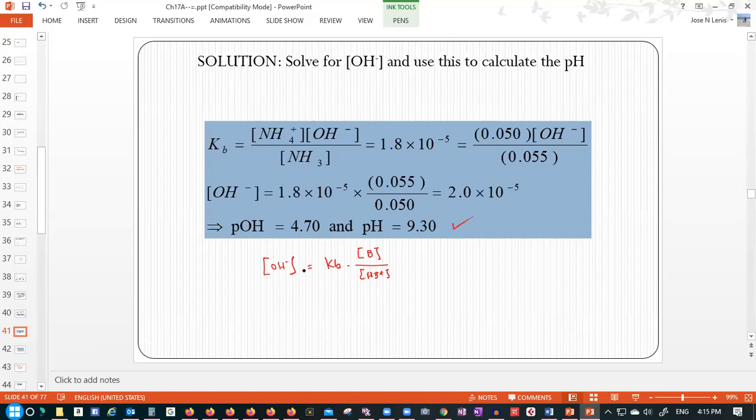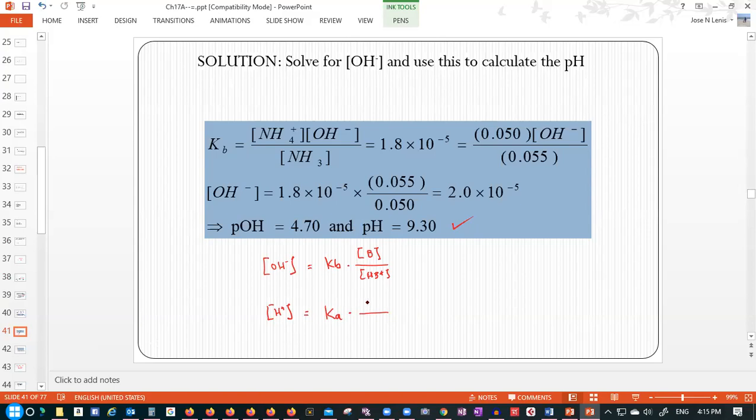What about if you have an acidic buffer? For an acidic buffer, you will find the concentration of H plus, which is going to equal what? Ka times, you don't need to look anywhere else, just look at here.